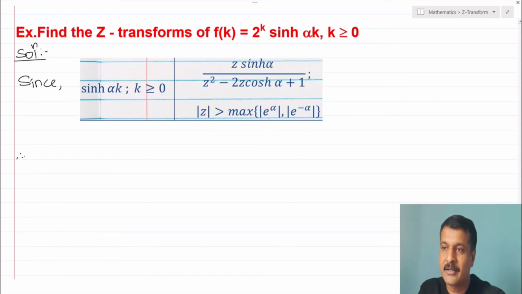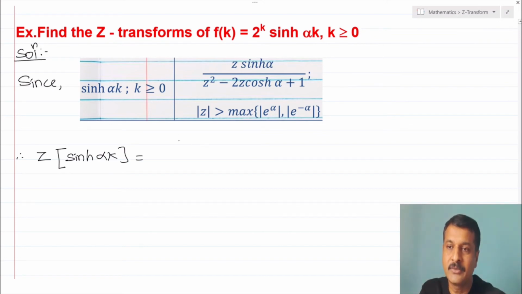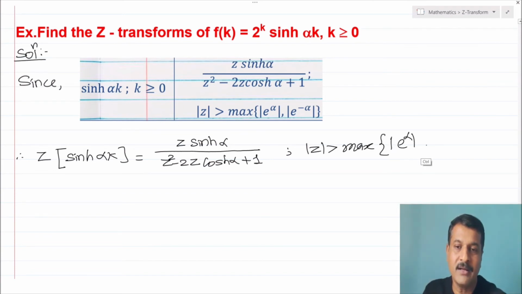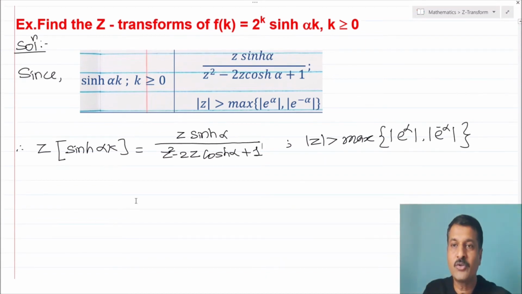So directly I can get the Z transform of hyperbolic sine alpha k equal to z into hyperbolic sine alpha upon z square minus 2z hyperbolic cos alpha plus 1. The condition is mod of z is greater than the maximum of mod of e raised to alpha and mod of e raised to minus alpha. Now I want 2 raised to k into hyperbolic sine alpha k.